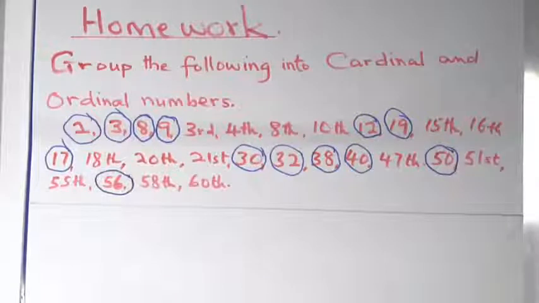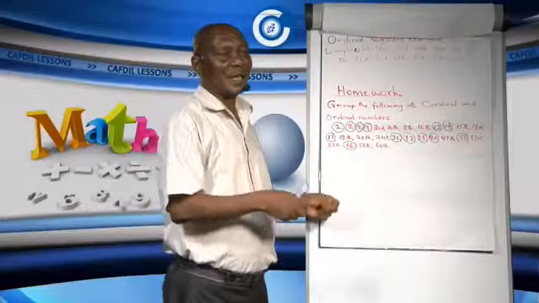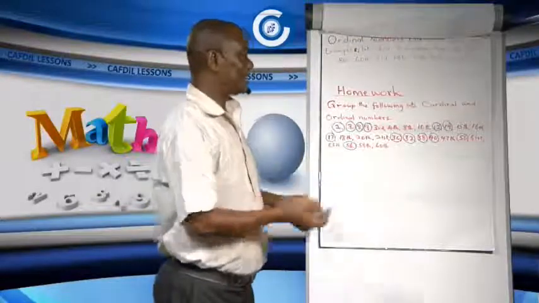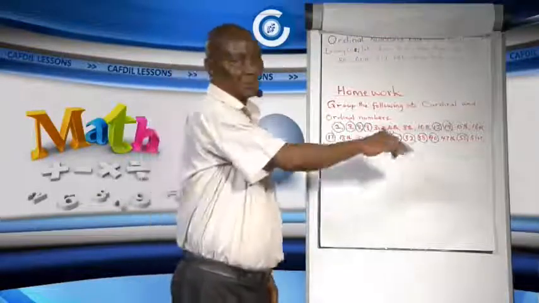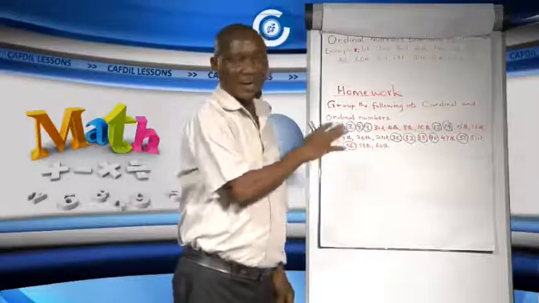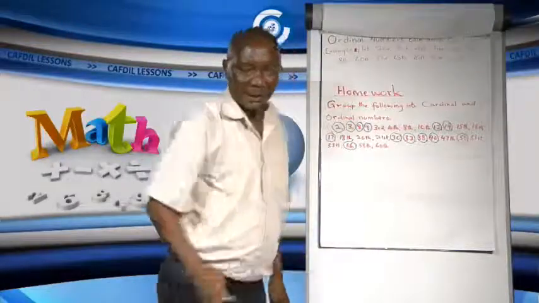These are cardinal numbers because they don't have RD, ST, TH, and ND attached to them. So these are our cardinal numbers.